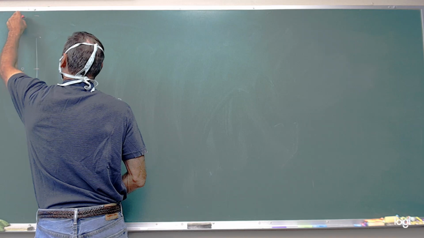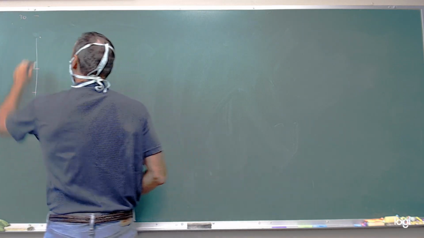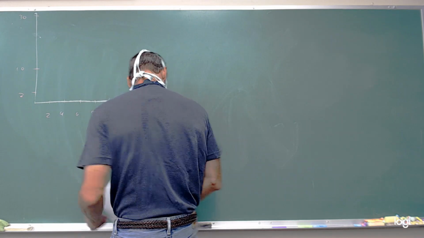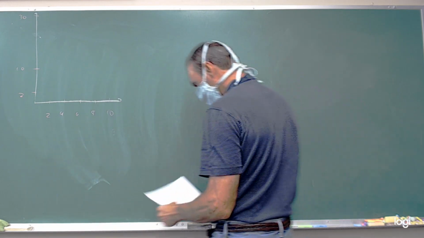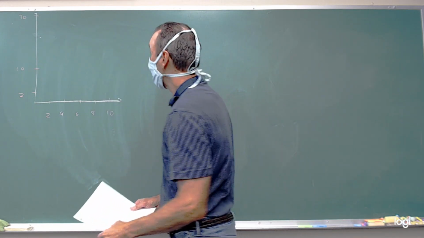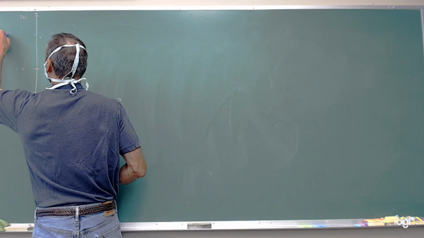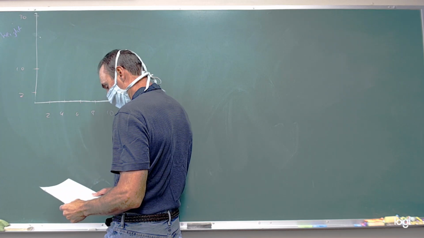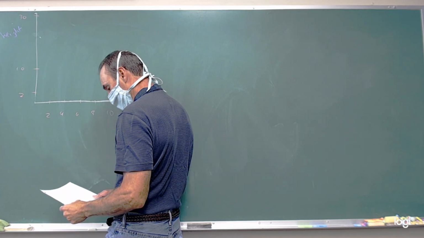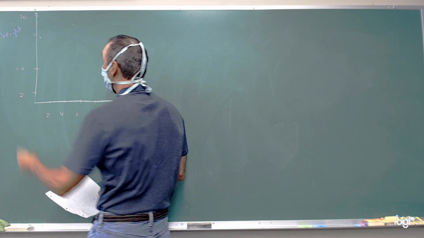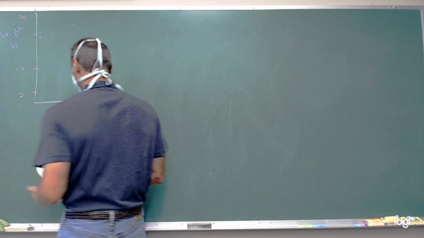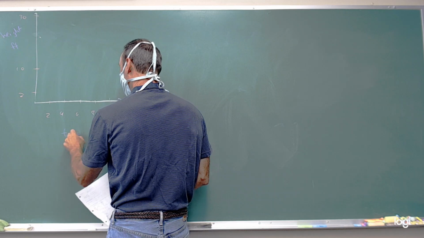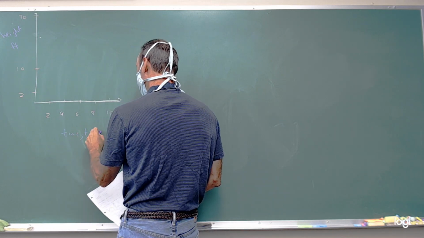And I'm going to say that that's 10, 20, 30 is up there. And this is going to be height on the vertical, height of an object that we are launching into the air. I'm going to measure that in feet. And the horizontal is going to be time, in seconds.